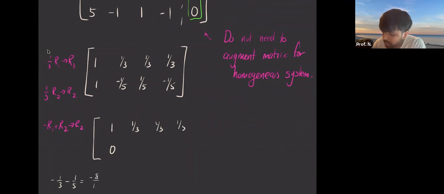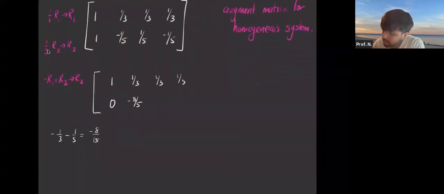Negative 8/15. Then I get negative 1/3 plus 1/5. So this becomes 2/15. And then I get this again, negative 8/15. Does everybody see that?